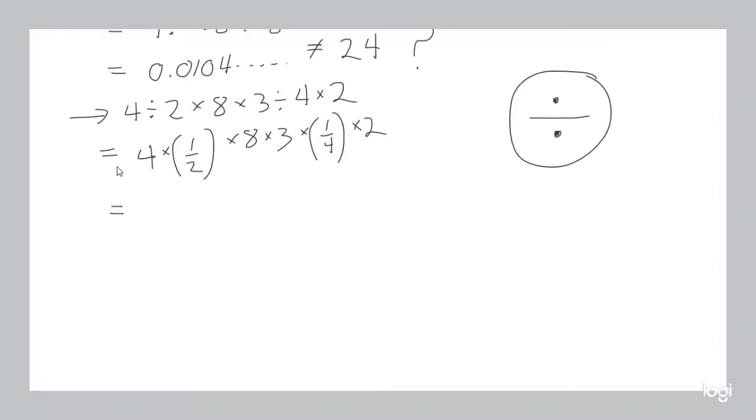Dividing by 2 is 1 over 2. Dividing by 4 is 1 over 4. And now we can do things in any order we want. Okay? And if you want to do that multiplication first, let's do that. Let's put in brackets here. And let's put in brackets here.